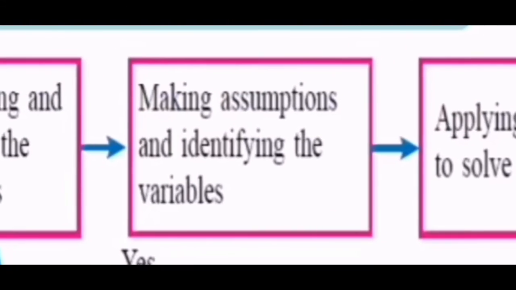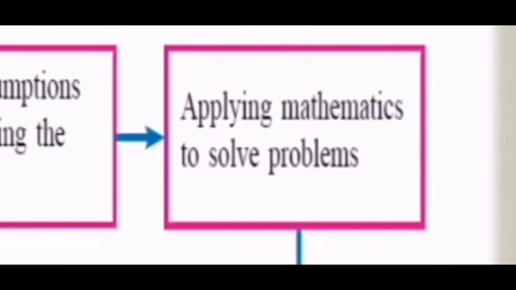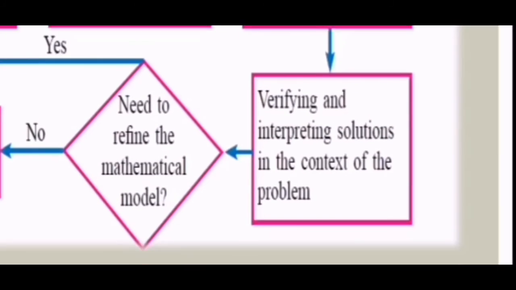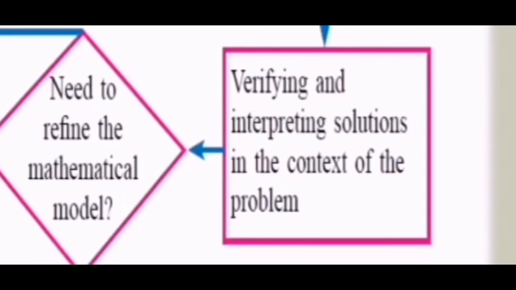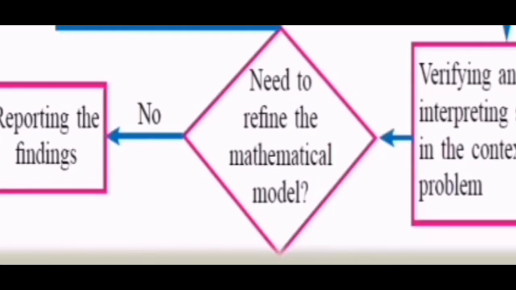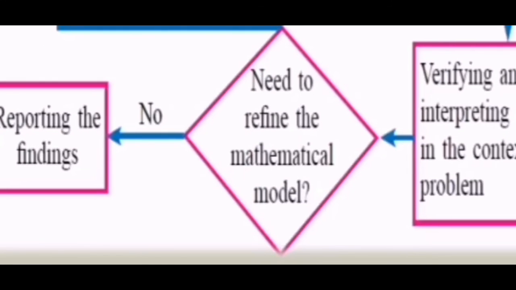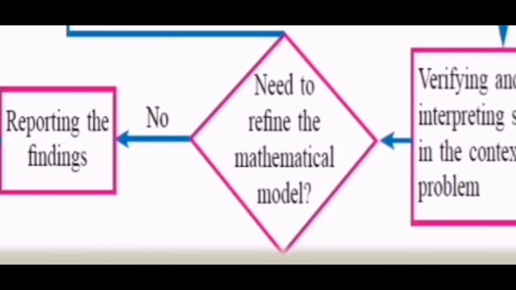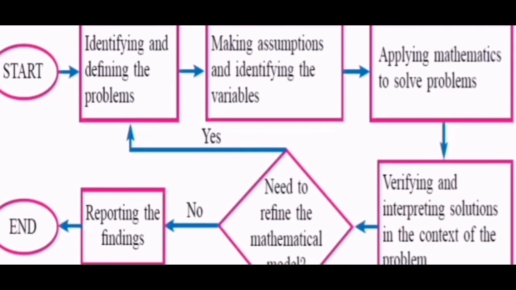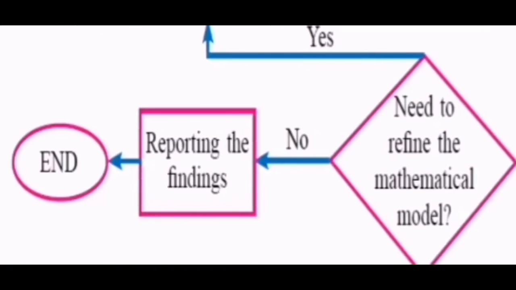The third step is applying mathematics to solve the problem and verifying and interpreting the solution in the context of the problem. Then we need to refine the mathematical model. We need to identify and define the problem again. If not, we can report the findings.